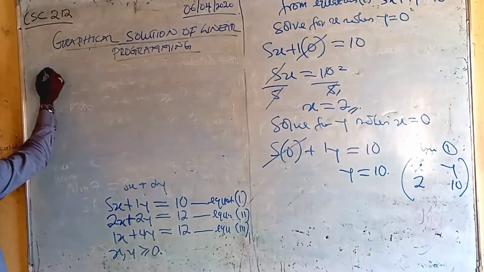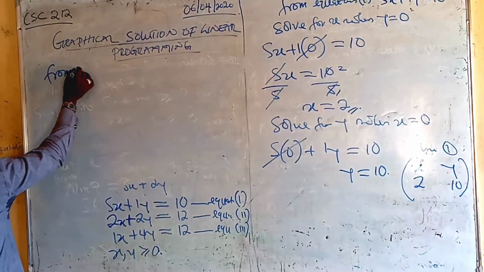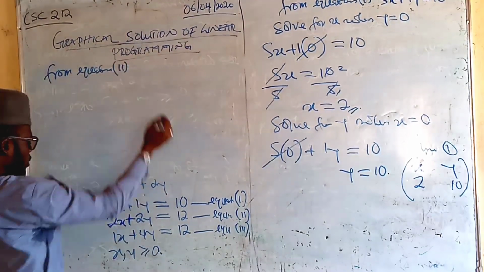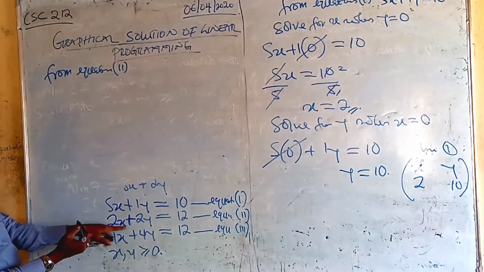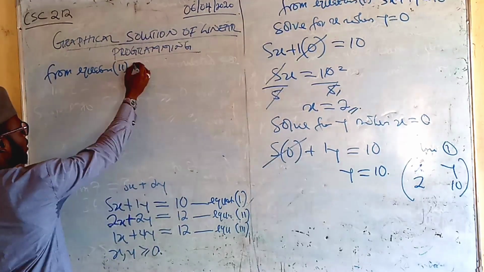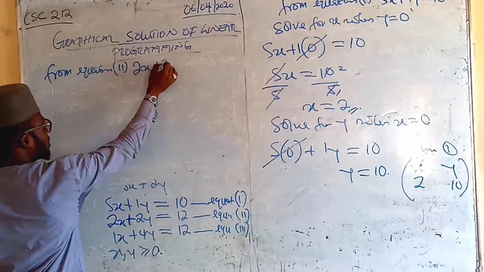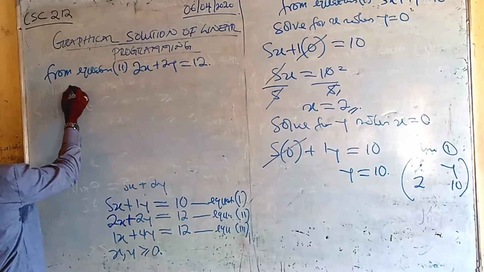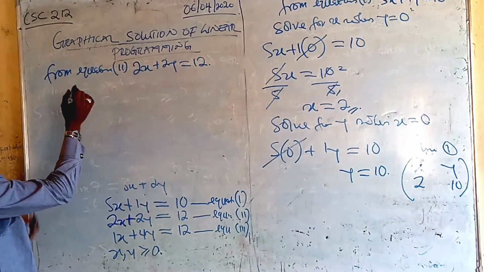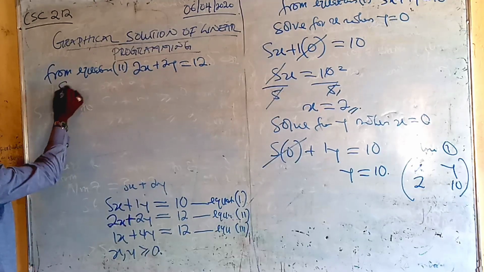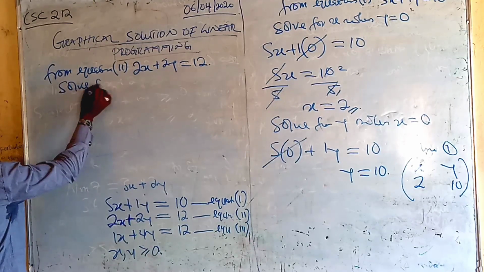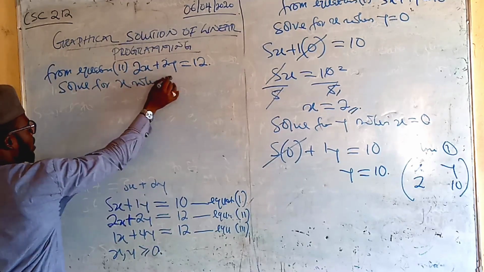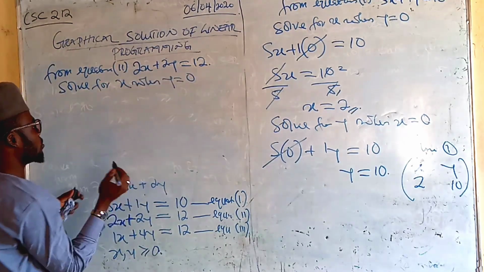Then from equation 2, equation 2 stated that 2x plus 2y is equal to 12. Then we are going to do the same thing as we did in equation 1. We are going to solve for x when y is equal to 0.